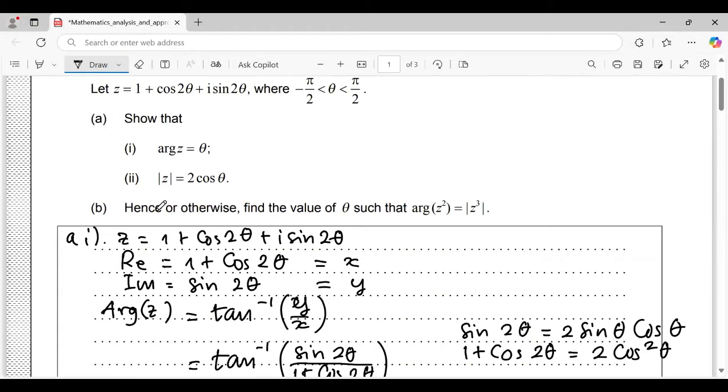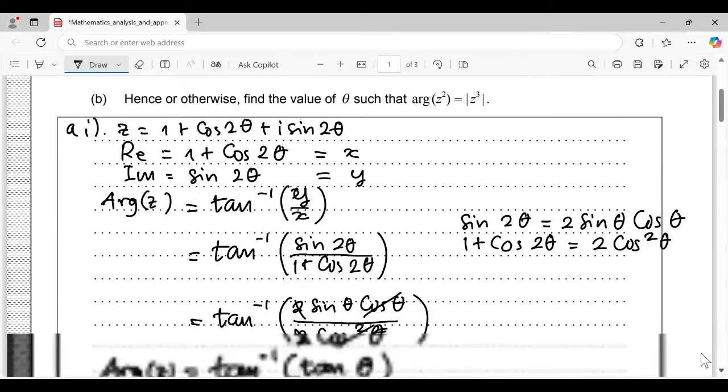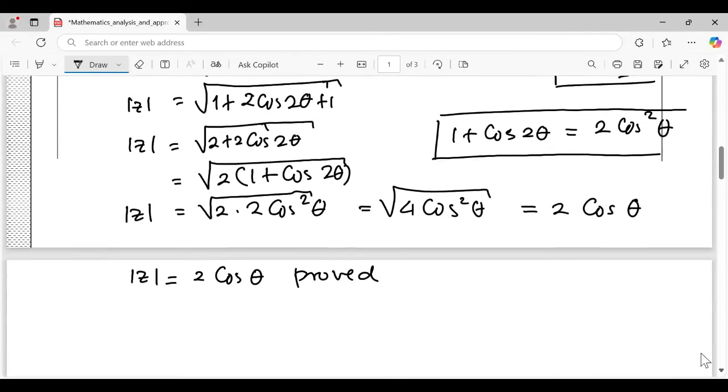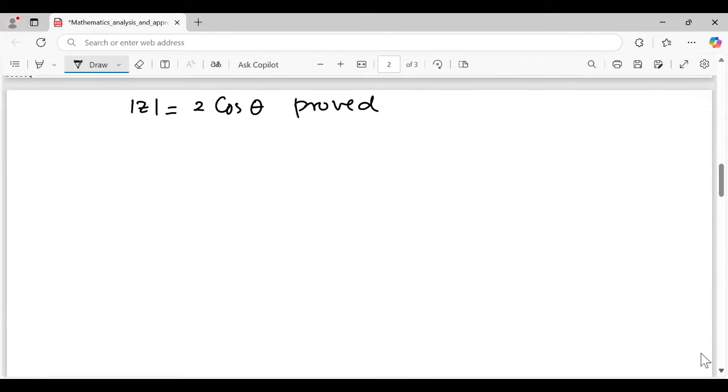Part B, hence or otherwise, find the value of theta such that argument z squared equals modulus z cubed. Argument z equals theta.